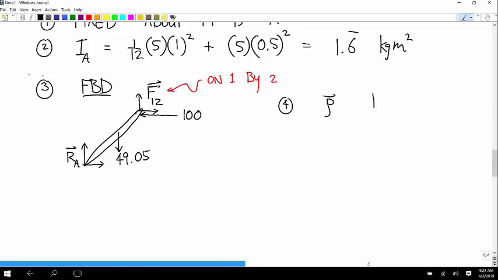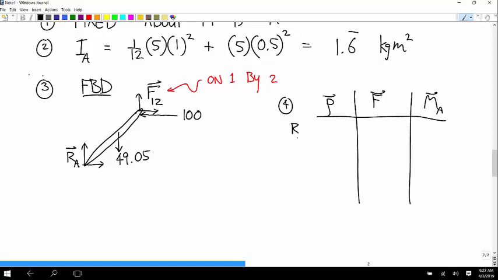And so now rho, force, moment. So first I'll do the force RA. That is the about point. So the rho vector is 0.